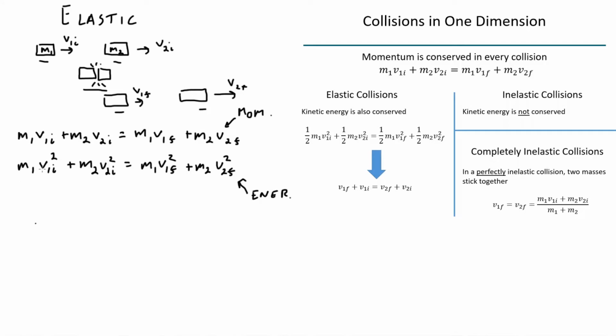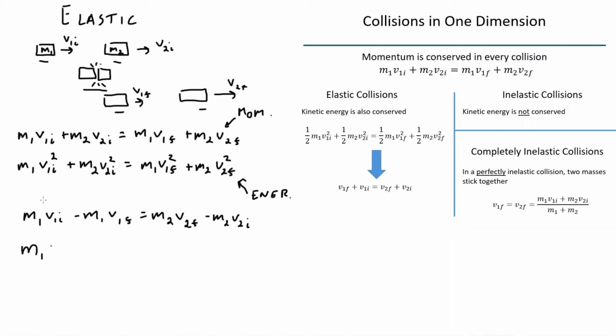So first of all, I'm going to rewrite both of these equations, get all the M1 stuff on one side and all the M2 stuff on the other side. So for momentum, I have M1 V1 initial minus M1 V1 final equals M2 V2 final minus M2 V2 initial. Well, I can take this and I can factor the M1s out of the left side and the M2s out of the right side.